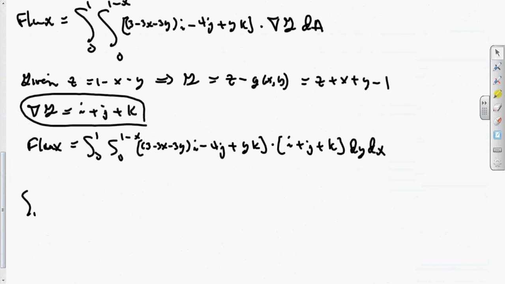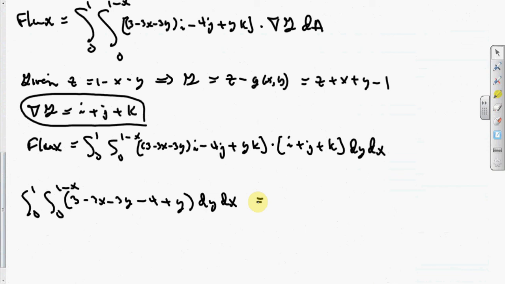See that dot product? This is integral from 0 to 1, integral from 0 to 1 minus x. So this is 3 minus 3x minus 3y minus 4 plus y dy dx. It's integral from 0 to 1, integral from 0 to 1 minus x.